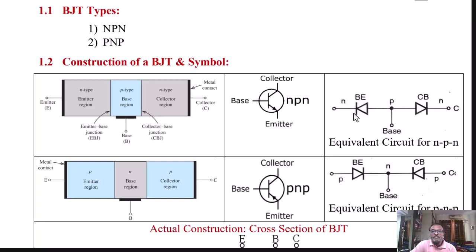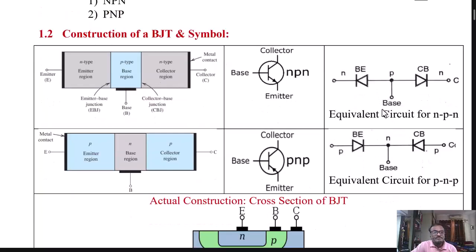The symbol of NPN BJT is shown here. On the emitter, the arrow is coming out, which indicates the direction of the emitter current. The third circuit is the equivalent circuit using two diodes.